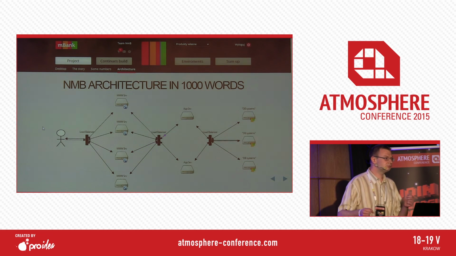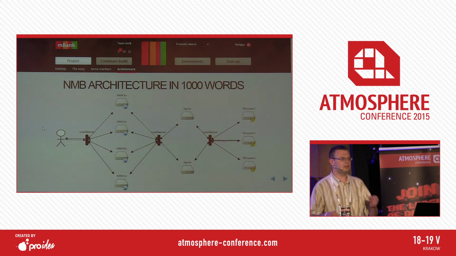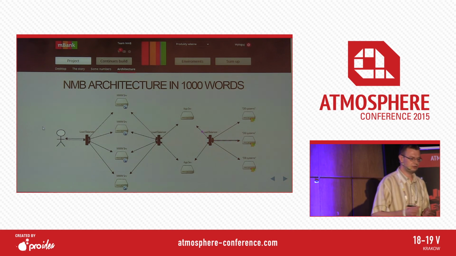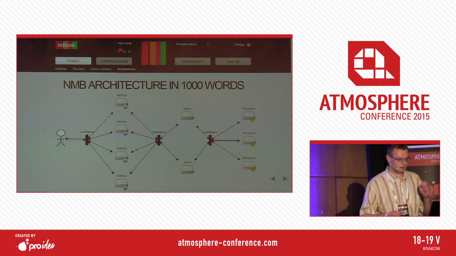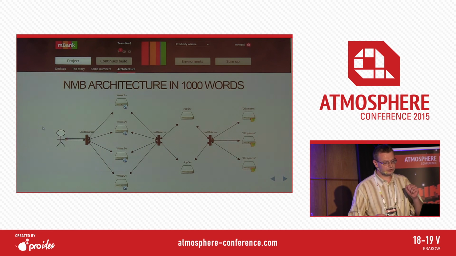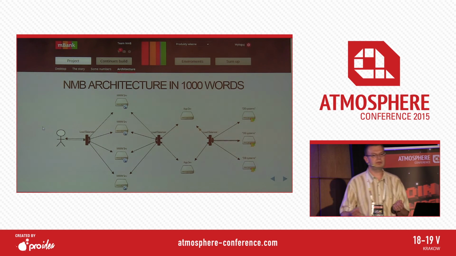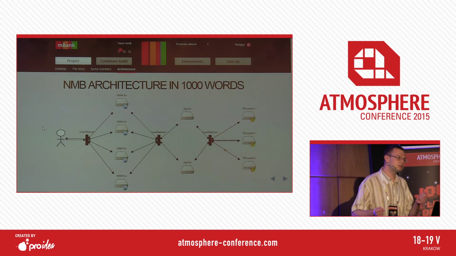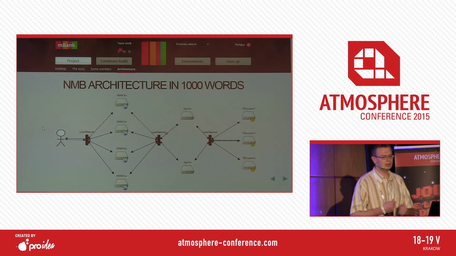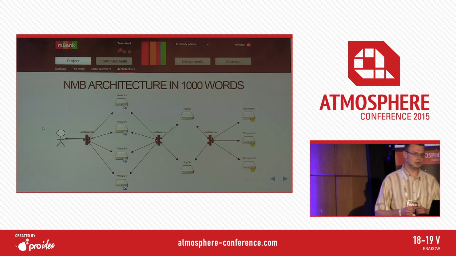We have control on both ends of the connections. The architecture is pretty simple. It's not that big, but it's not one machine. So it gives us a lot of problems.